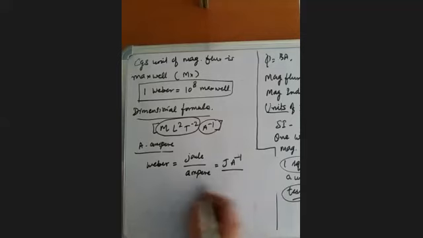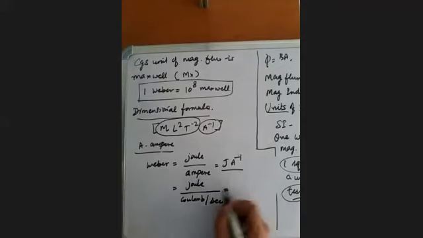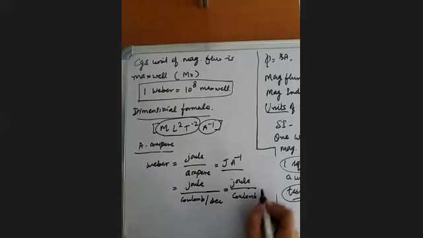And further, what is joule per ampere? Joule, and what is ampere in terms of charge? It's coulomb per unit time, that is coulomb per second. 1 ampere is equal to 1 coulomb per second. So we can write joule per coulomb, and the second here. So what is joule per coulomb?